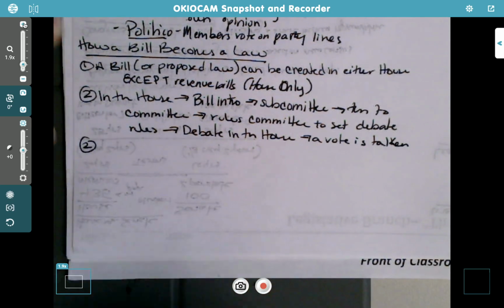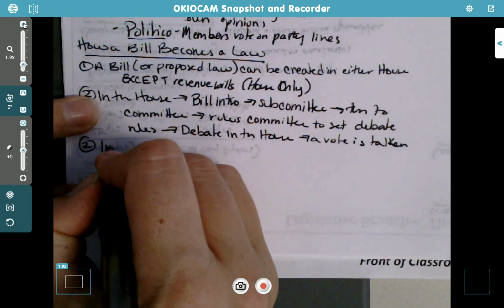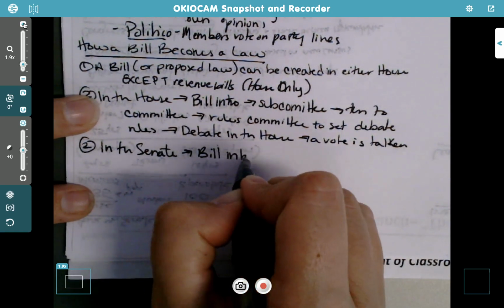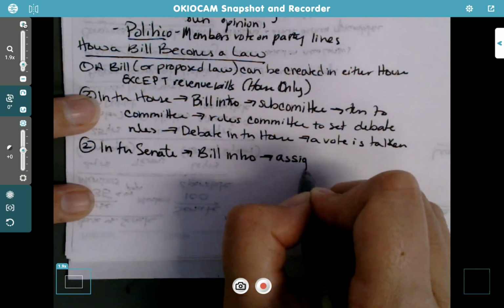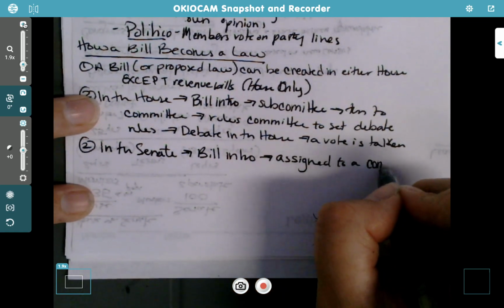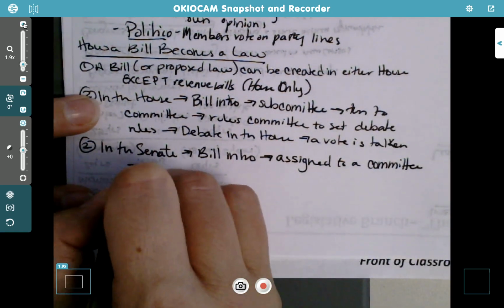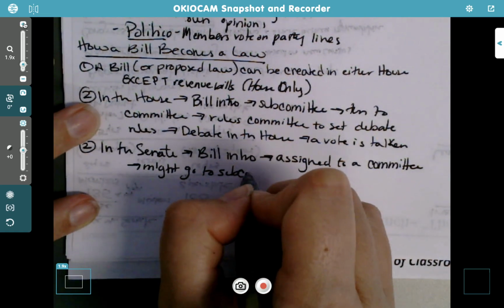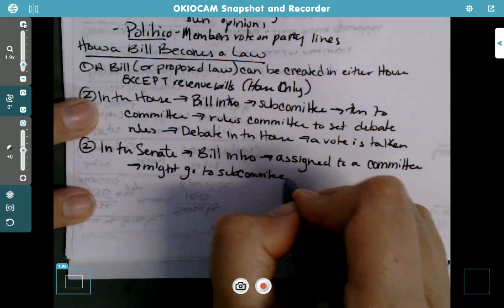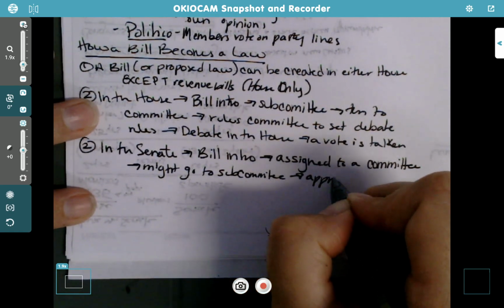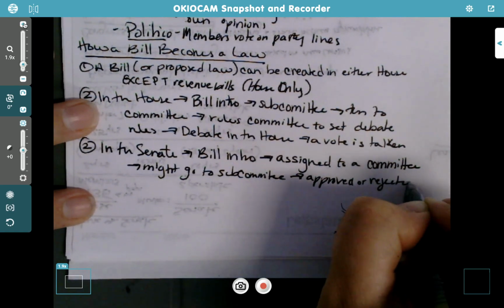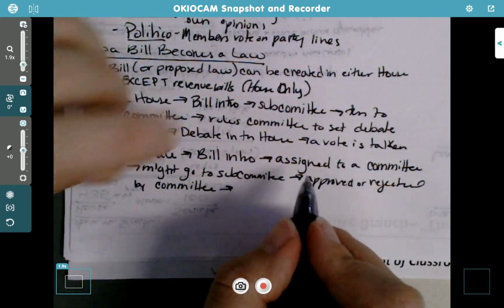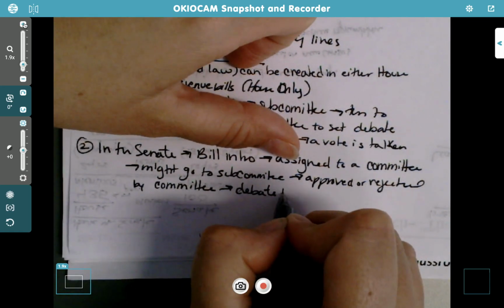2, because it can either be created in the House or in the Senate, so it just depends. In the Senate, arrow, bill intro, arrow, assigned to a committee, arrow, might go to subcommittee, arrow, approved or rejected by committee, arrow, debate by Senate.